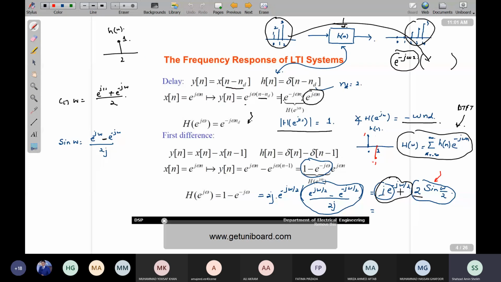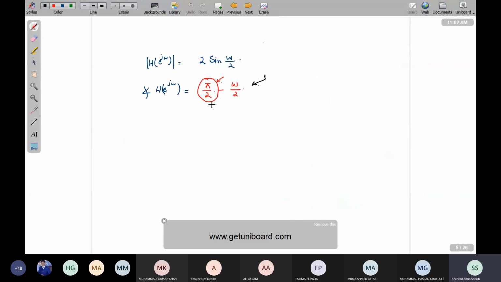From where is omega by 2 coming? The term with exponential minus j, that is minus omega by 2, and that is pi by 2 minus omega by 2. So whenever you plot magnitude, you will plot 2 sin omega by 2. That would be the magnitude response.